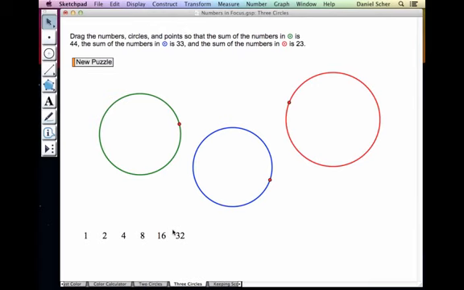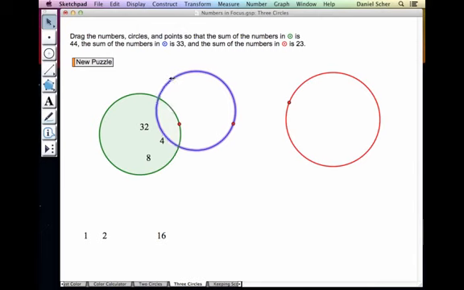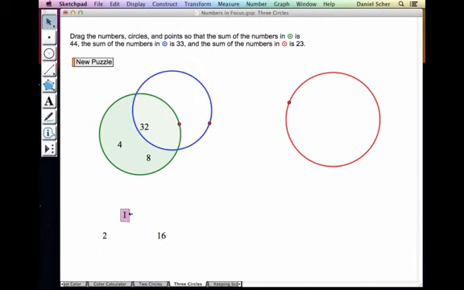So for 44, I can drag 32, 8, and 4. I need 33. Well, that's going to need my 32, so I'm going to move this here. Let me move these numbers over a bit. Often solving these challenges means taking what you had that works and rearranging things a little. So there, I'll drag this, so I have 33. And now what do I need?